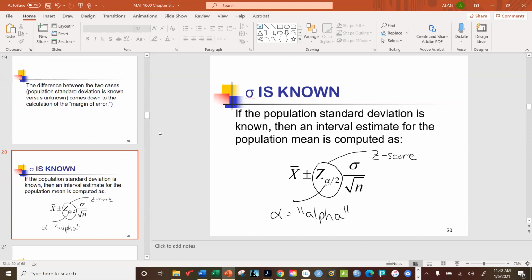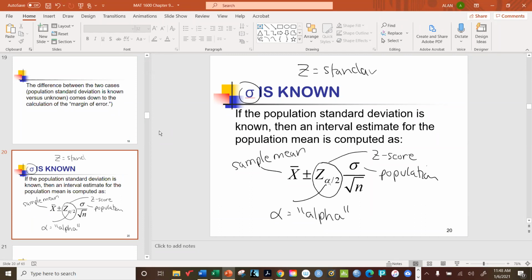So the formula looks fairly straightforward. Now, of course, this is the sample mean. This is the population mean. Now, remember, we're assuming that this is known. Otherwise, we can't use the standard normal. Z, of course, remember, is the standard normal distribution, or think of this as a standard normal random variable.